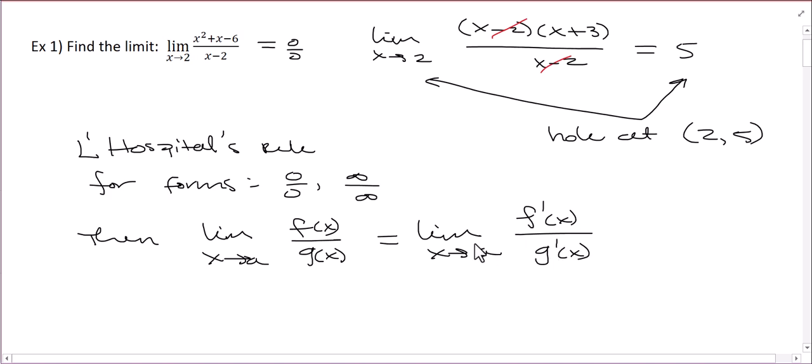Not a quotient rule, but just the derivative of the numerator divided by the derivative of the function in the denominator. And then this will be the same limit.